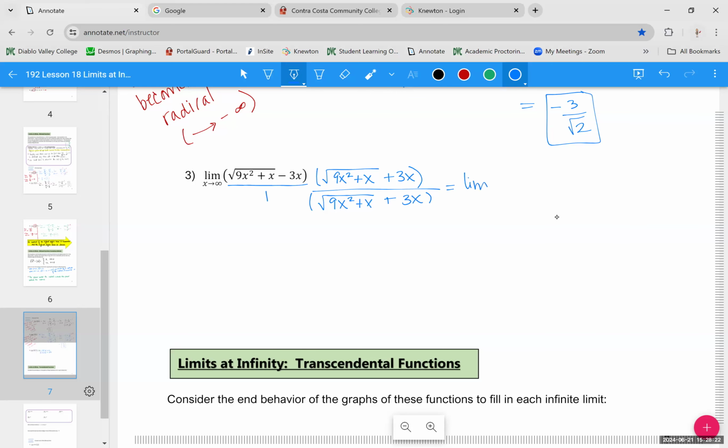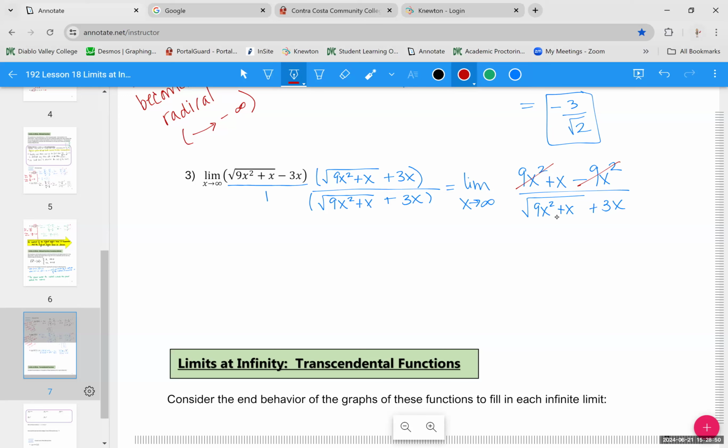So if I'm going to use my difference of squares when I multiply this out, my numerator will be 9x squared plus x minus 9x squared. Those things will clearly cancel. So the 9x squareds cancel. So I have just an x in the numerator and then this in the denominator.